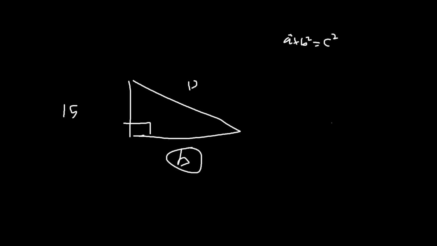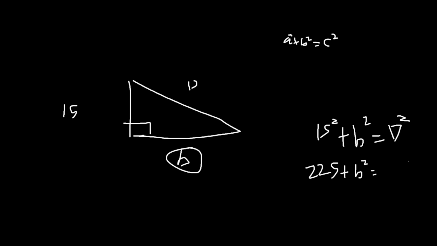So we're going to take 15 squared plus b squared is equal to 17 squared. Okay. So now we're going to square all these, so that's going to be 225 plus b squared. You always want to leave that value in there so you don't forget about it. And then 289.